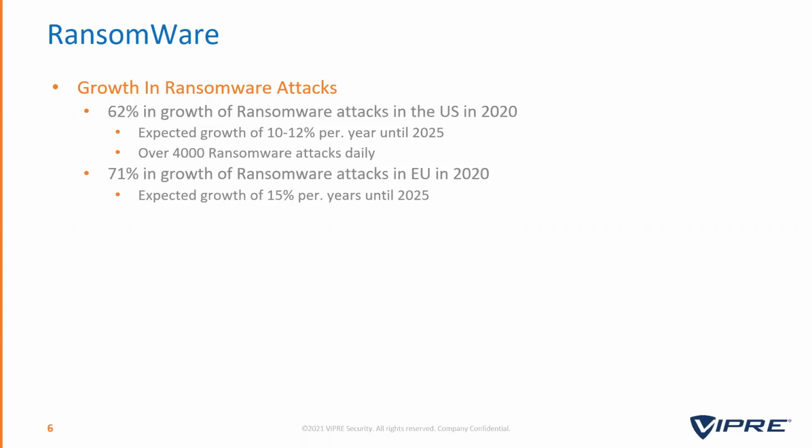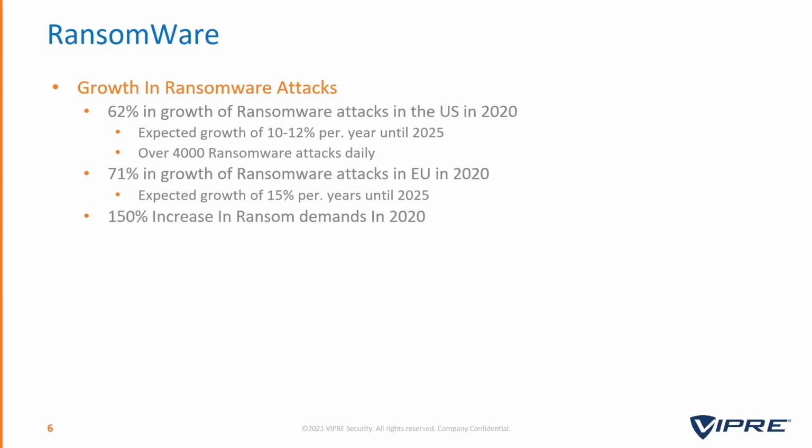So we will have a higher number and a higher growth rate in the EU than we would see in the US. That means the EU will increasingly become a place where ransomware is distributed more than anywhere else.